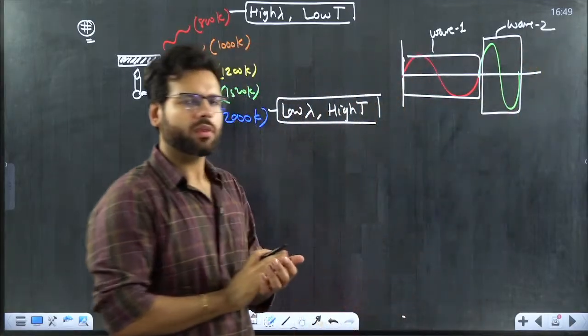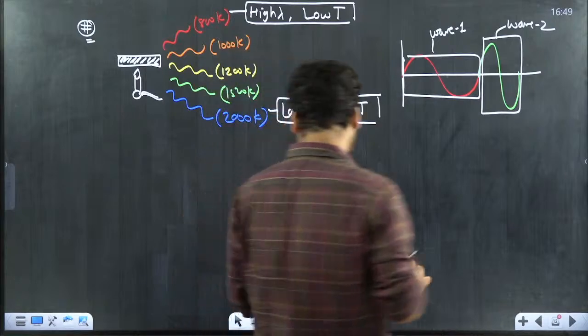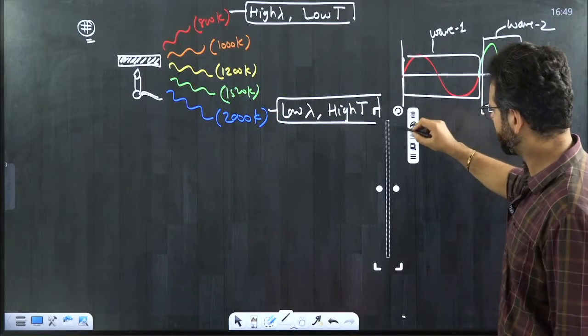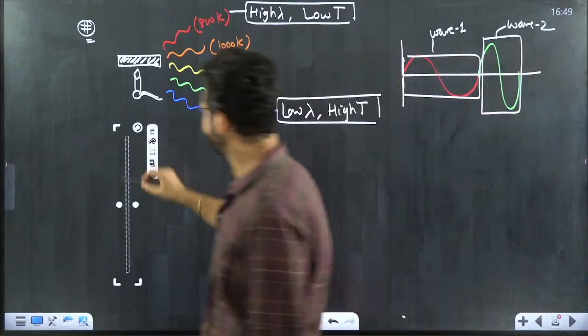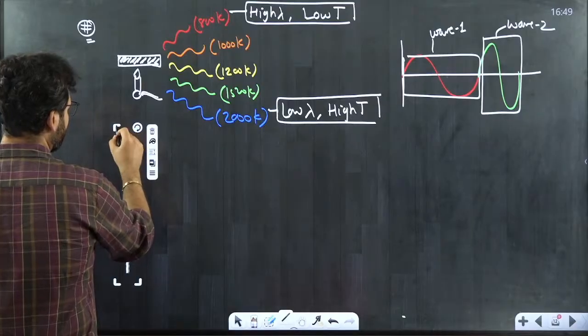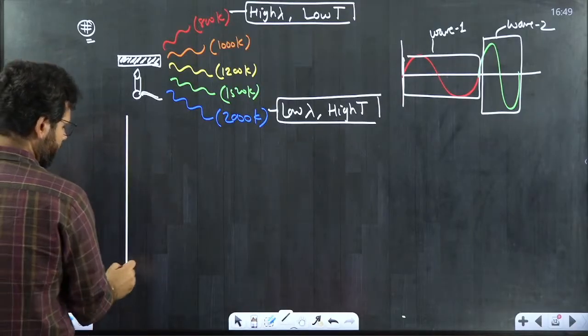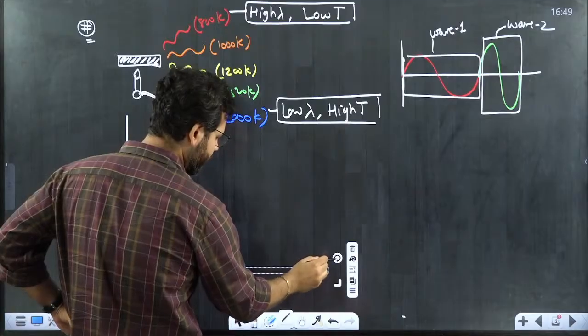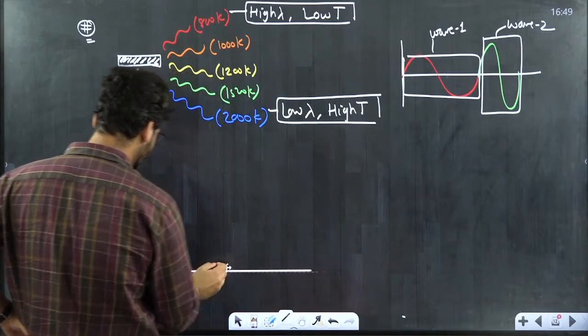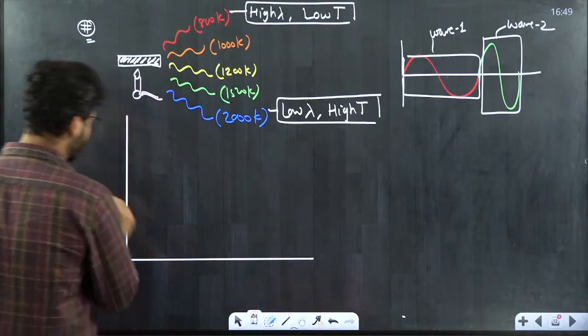Okay. What would we predict now if I draw a graph between intensity of radiation versus wavelength of radiation? I'm drawing a graph between intensity versus wavelength.